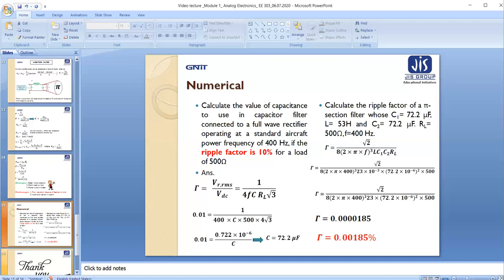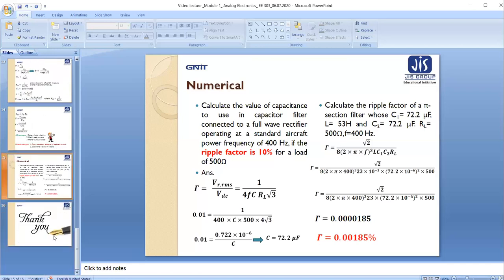So that's why the pi section filter is very much advantageous over the capacitor filter, and it will offer a very low ripple factor across the output. So that's all. Thank you for listening to the lecture.